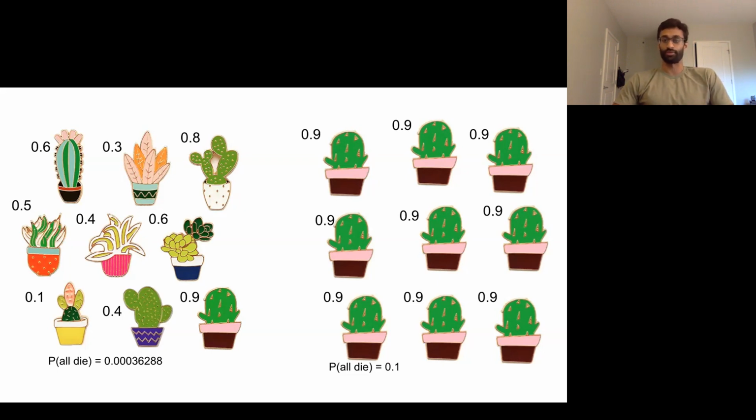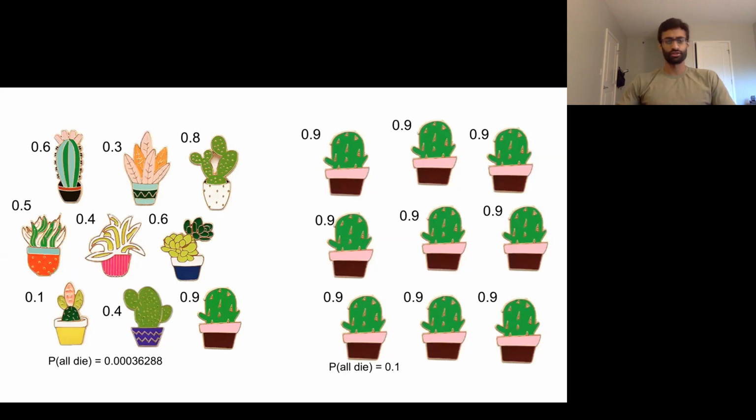At least one of them is probably going to make it. But in the right-hand world, even though I've chosen the best possible crop to plant everywhere, this has created a vulnerability. And that vulnerability is correlated failure. Each plant individually is likely to survive, but there's some small chance of a catastrophic event occurring where I have all my crops wiped out.